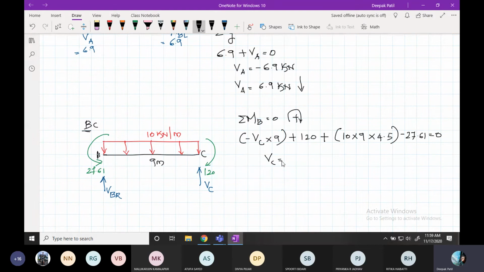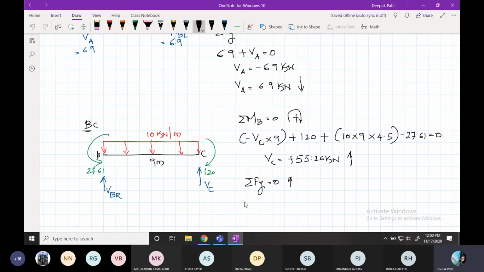So VC you will get plus 55.26 kilonewtons. And you're getting positive, it means your assumption of VC upwards is correct. Now let me calculate VB right. So for that, I will take summation of Fy equal to 0, taking upward forces as positive.